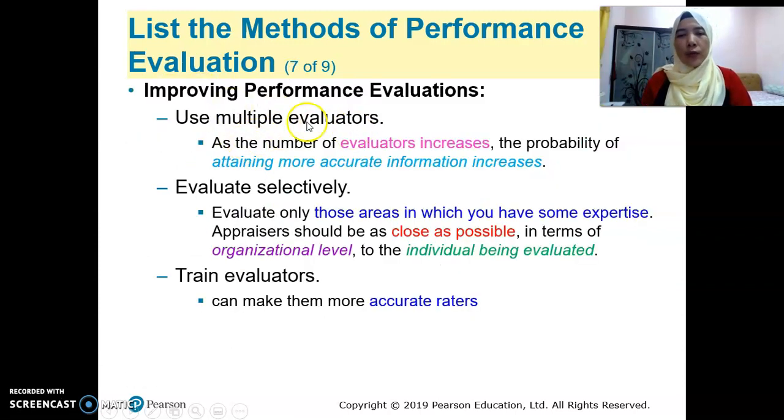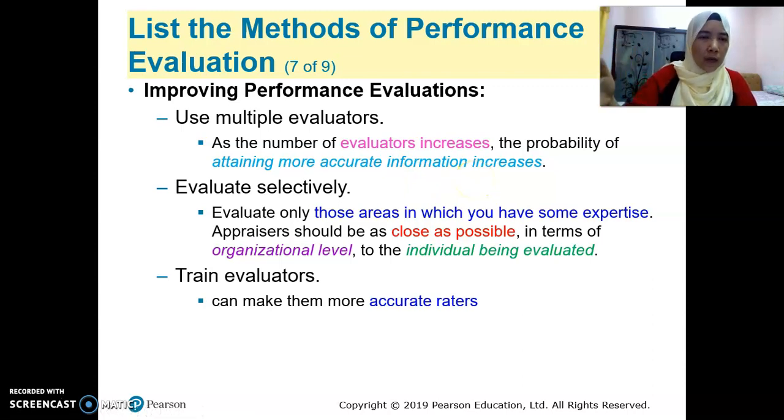So how to improve performance evaluations? Performance evaluation can be improved by using multiple evaluators, like in 360 degree evaluations. As the number of evaluators increases, the probability of attaining more accurate information also increases.